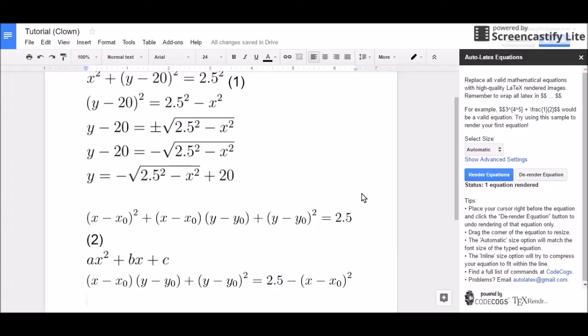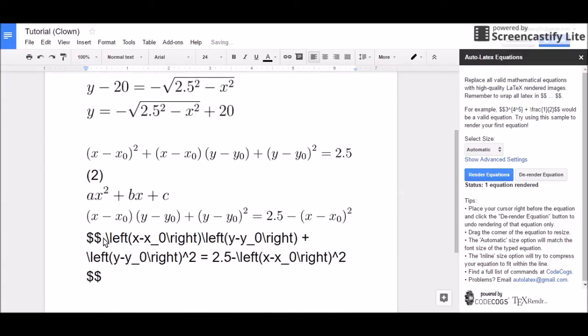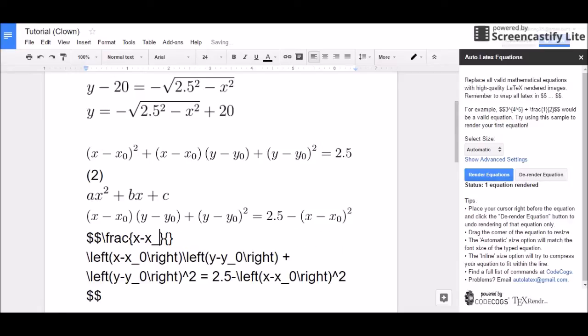So on both sides, we're going to add, on the top we have x minus x0, and on the bottom we have 2 for the whole thing. Add this to both sides.